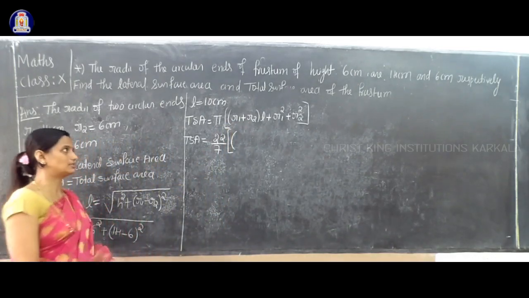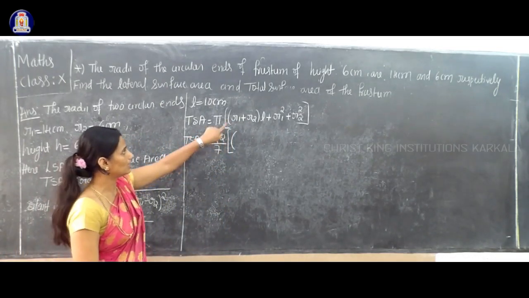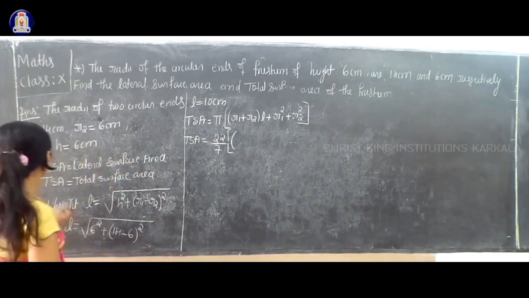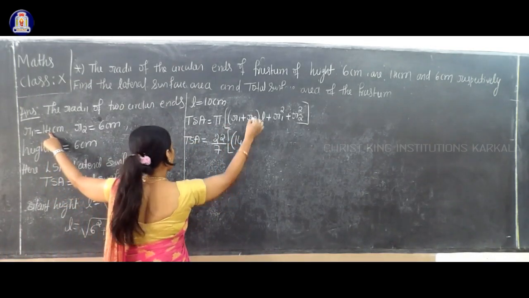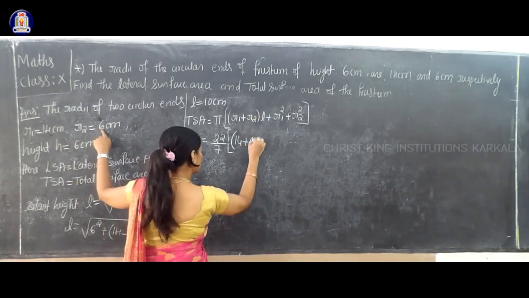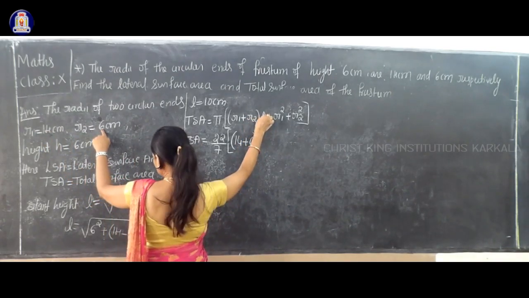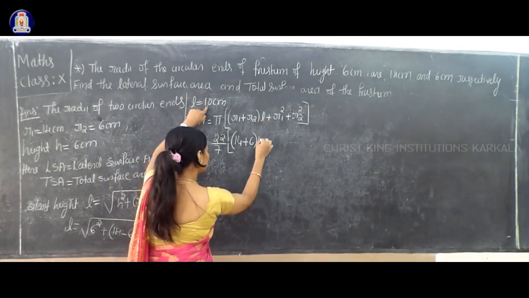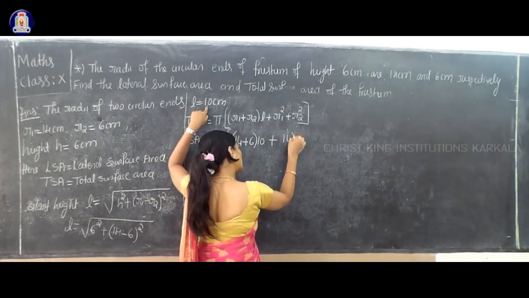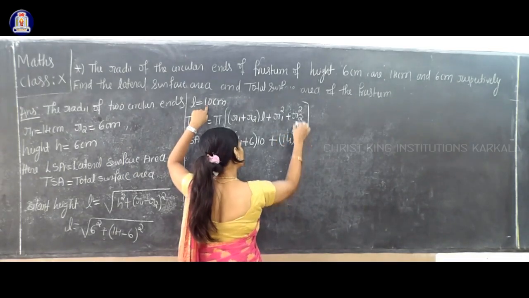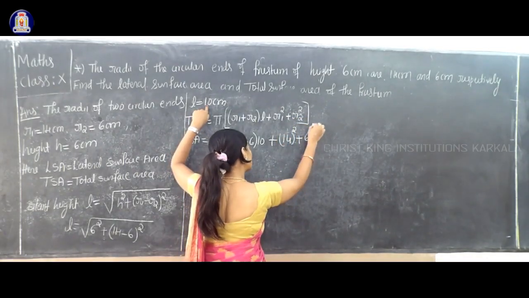R1, see the brackets, this is the outside bracket. Next is this one. What is your R1? R1 is 14 plus R2 is 6 into L. What is your L? L is 10 plus R1 square is 14 square plus R2 square is 6 square.